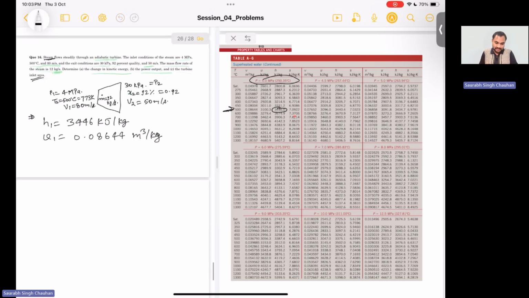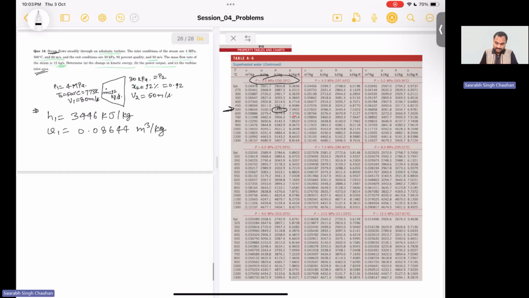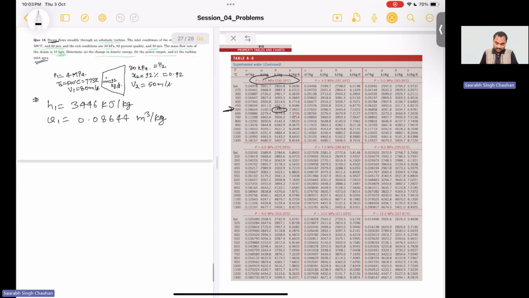So these are the values at inlet condition, and similarly you can find values at outlet.